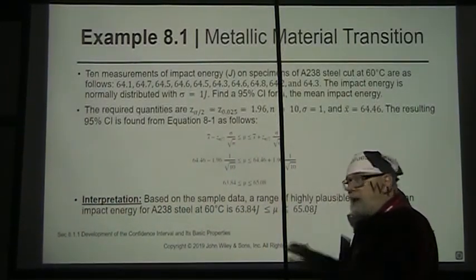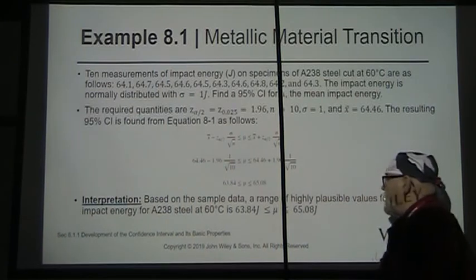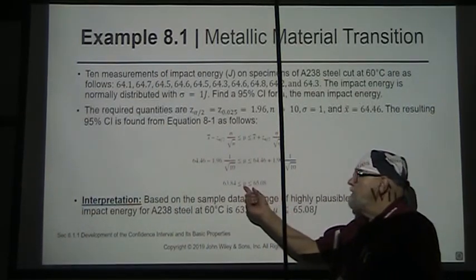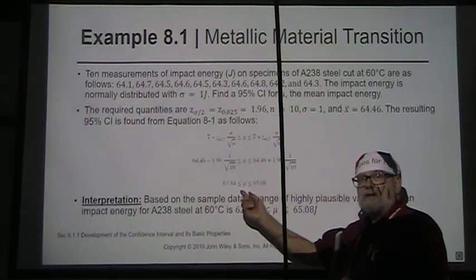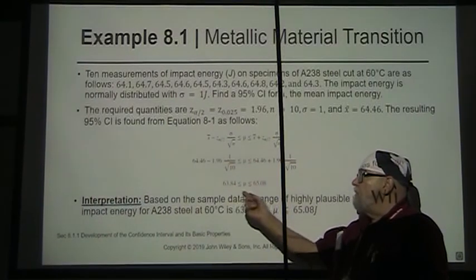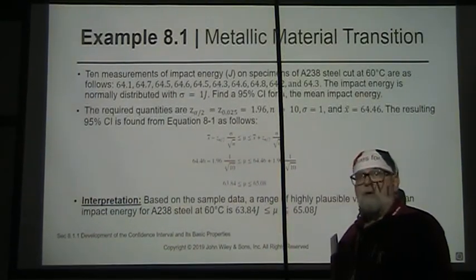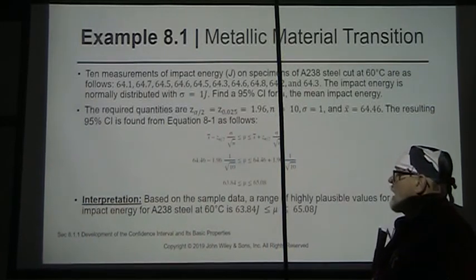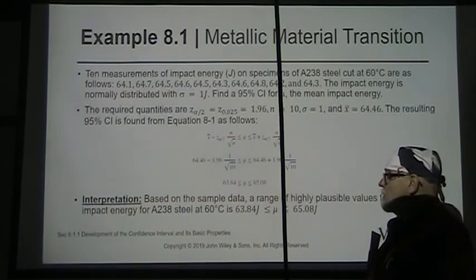All right, so now we are 95% confident that our mean impact energy is between 63.84 and 65.08. And those, of course, are in joules.